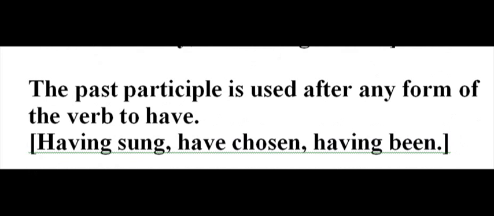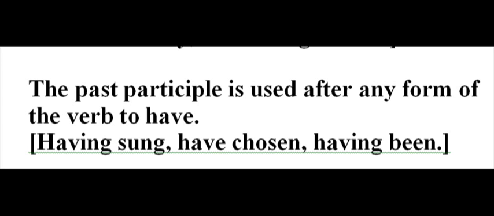The past participle is used after any form of the verb to have. Okay, the past participle is used after any form of the verb to have. And you can scroll before in this video in order to understand what a participle is. Having sung, have chosen, having been.